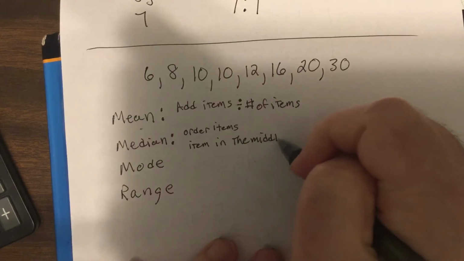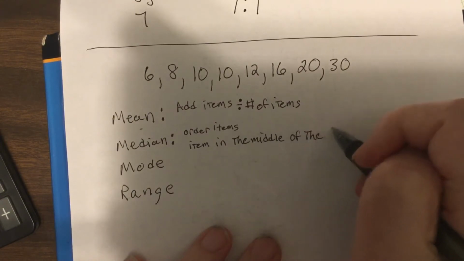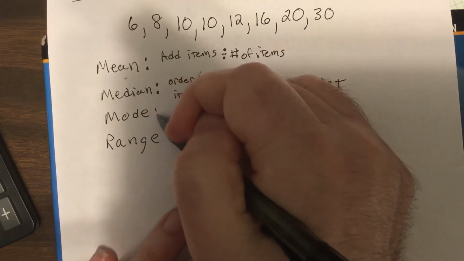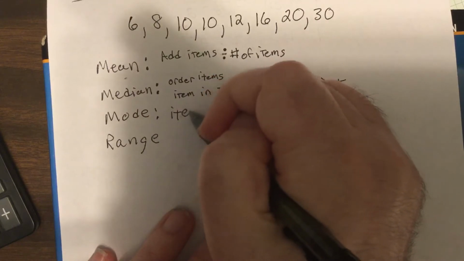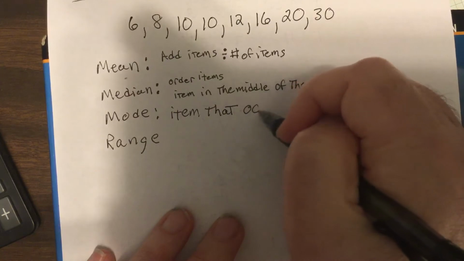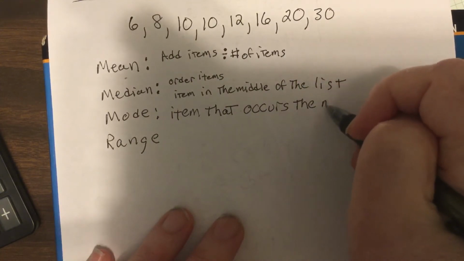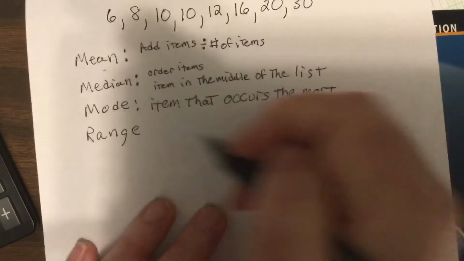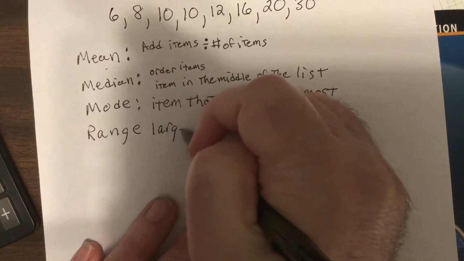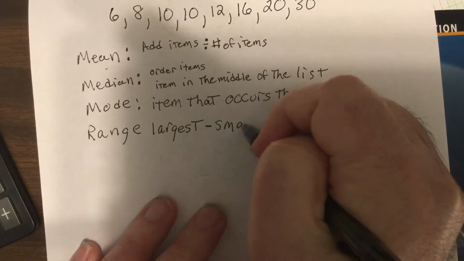Again, I'm assuming you've done this, middle of the list. Mode is the item that occurs the most. And range is just the largest one minus the smallest one.